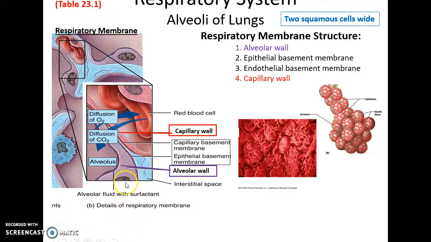So you have two simple squamous cells lying next to each other, one of them the type 1 alveolar cell, the other one the endothelial cell of the capillary wall. And then, of course, their basement membrane lying between them. So it is this structure that makes up the respiratory membrane, and it's only 2 squamous cells wide, allowing oxygen to go in the bloodstream and carbon dioxide to leave the bloodstream.